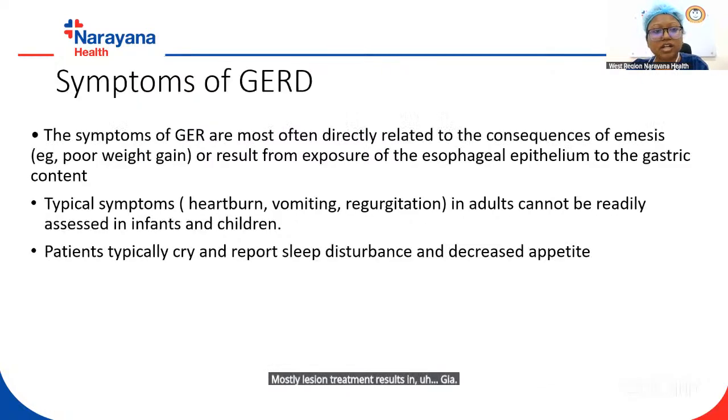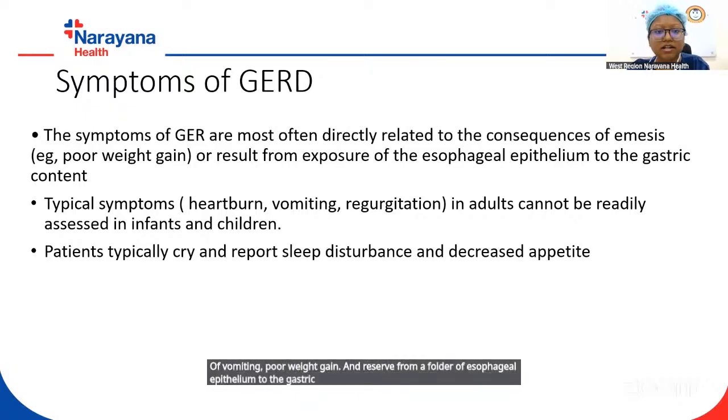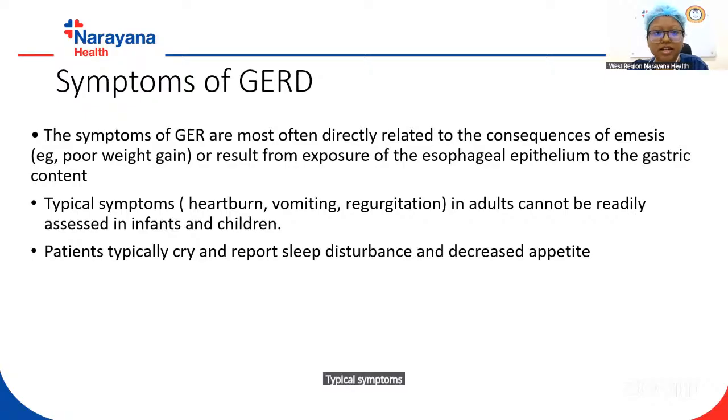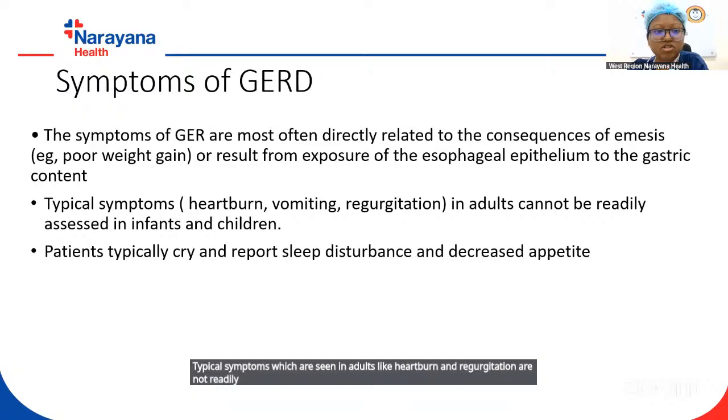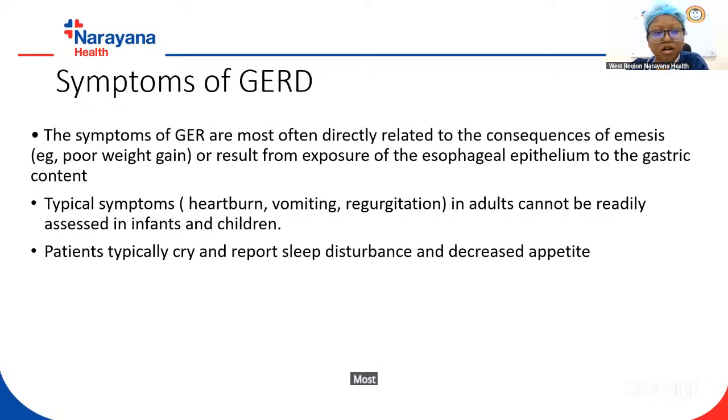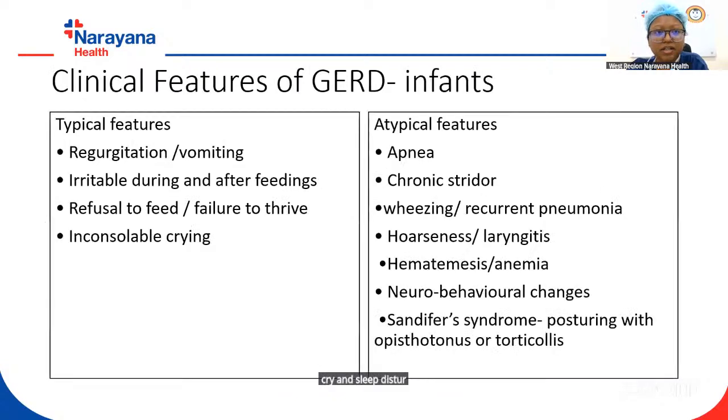The symptoms of GERD are most often directly related to the consequence of vomiting and poor weight gain, and result from exposure of the esophageal epithelium to the gastric content. Typical symptoms seen in adults like heartburn and regurgitation are not readily seen in infants and children. Most of them will come with complaints of crying, sleep disturbance, and decreased appetite.